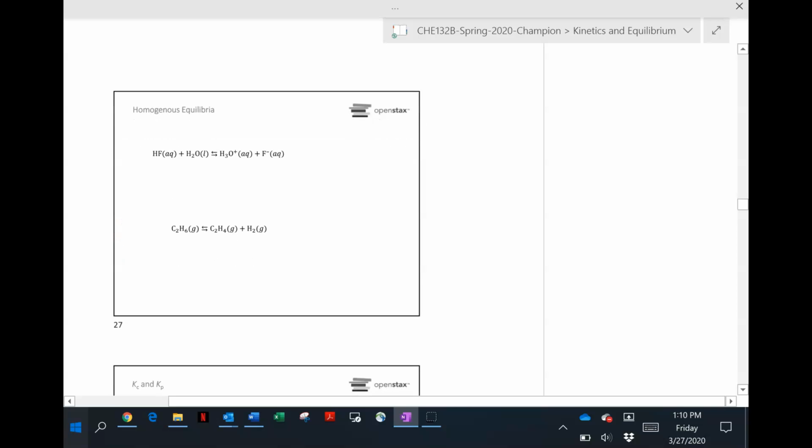So if we look at this one we definitely do Kc for this. When you have a pure liquid or a pure solid, we leave those out of our Q or K expressions.